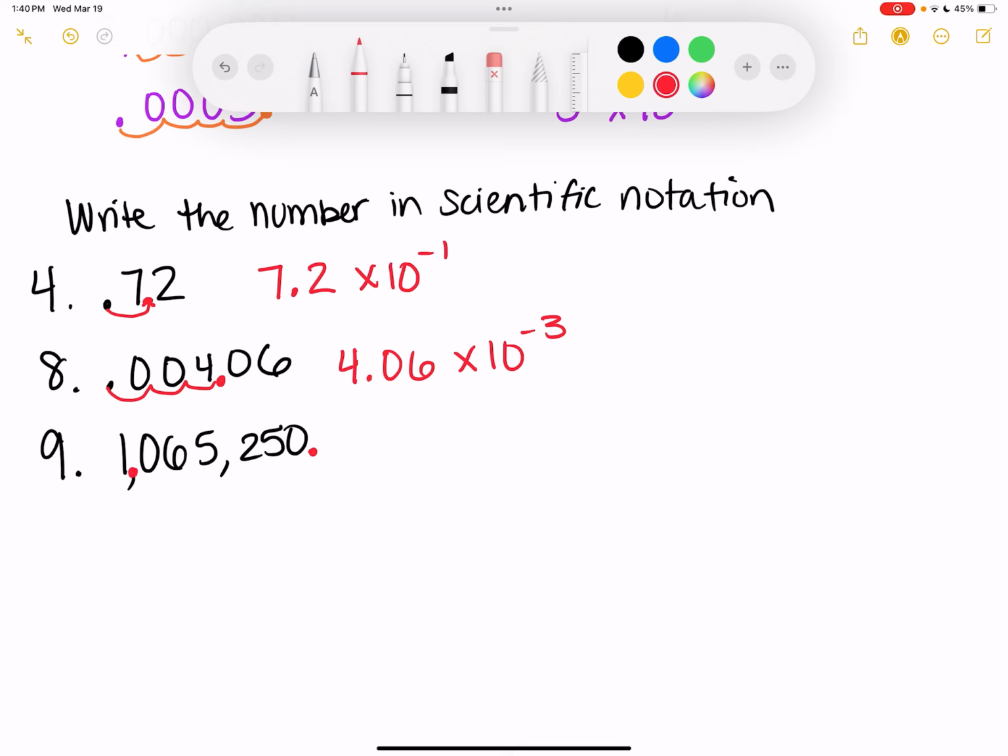So I'm moving it back this way: 1, 2, 3, 4, 5, 6. This is going to be 1 point, and we write all the numbers until all that's left is zeros. So this is going to be 1.06525 times 10 to the +6, because it moved to the left.